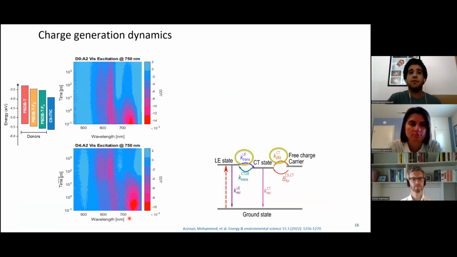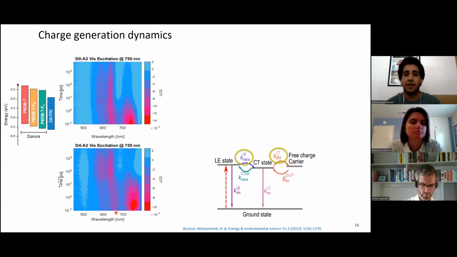So for the first part, for the charge generation dynamics, we use transient absorption spectroscopy. And here, I'm showing the evolution of the absorption in the visible after exciting the donor.